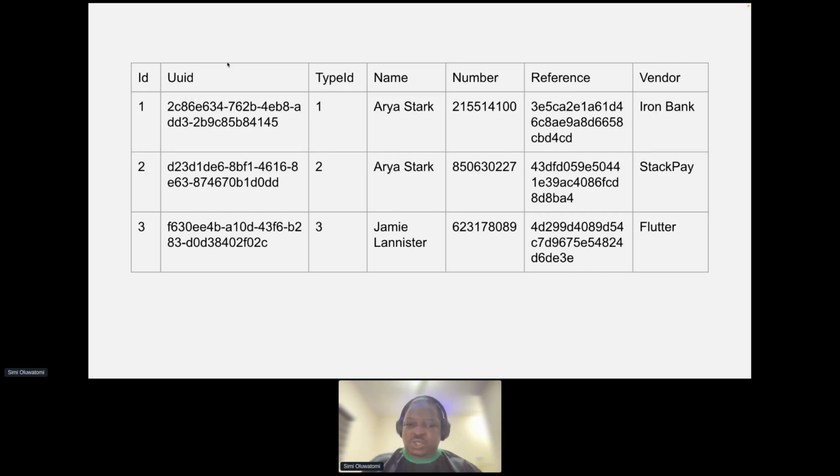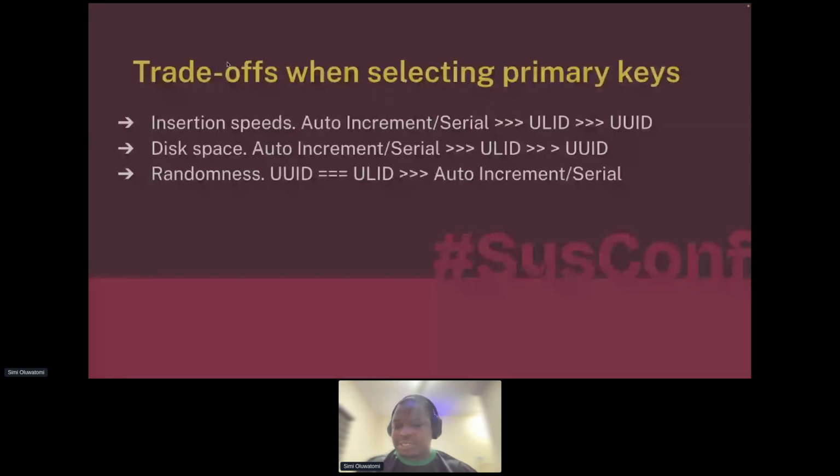So in this case, we could say that the combination of the number and the vendor must be unique. So in that case, our number column and the vendor column then becomes a composite key. I hope this example illustrates the different kinds of keys that we can have in a database.